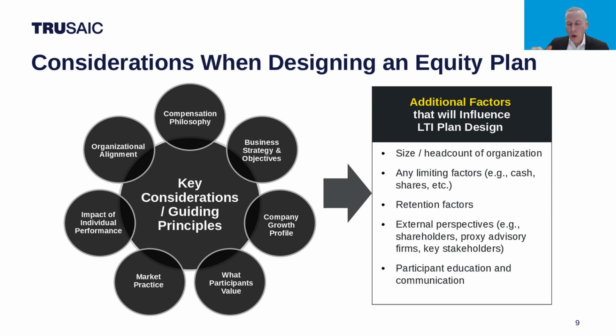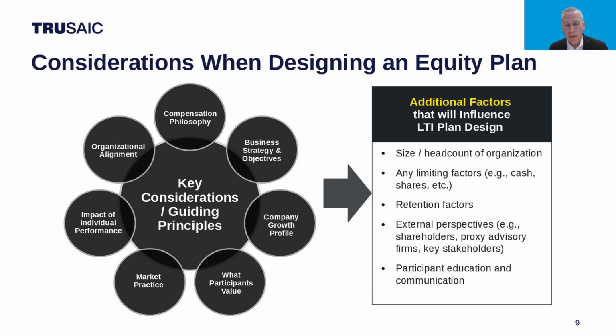And then two, where are you targeting compensation? We tend to look at it by pay element, but also look at it in totality as well. And then finally, just identifying what is your comparator group or peer group. And that could be on the basis of who you compete with for talent or even customers as well.